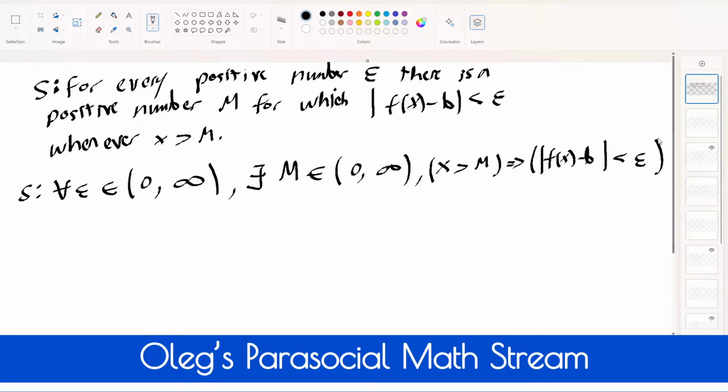I'm still running out of space. Okay, let's make sure this is correct. So this is the symbolic logic, and this is how they wrote it out. Now, if we're going to negate S, we're going to negate all of this, starting with negating for all epsilon containing. First, we're going to just write this out.